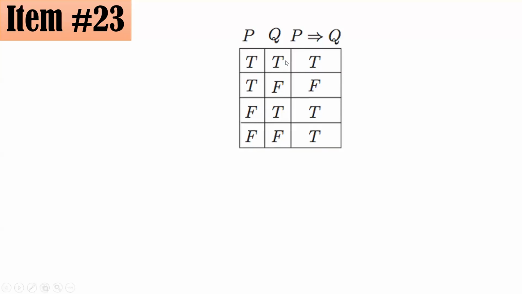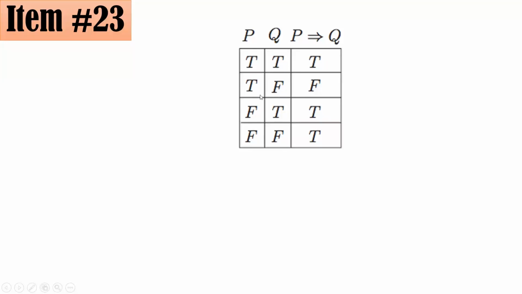Pwedeng true implies true. If true, then true. If true, then false. If false, then true. If false, then false. Tandaan po ninyo. Tandaan po natin ha. That an implication statement P implies Q is always true except for one case.